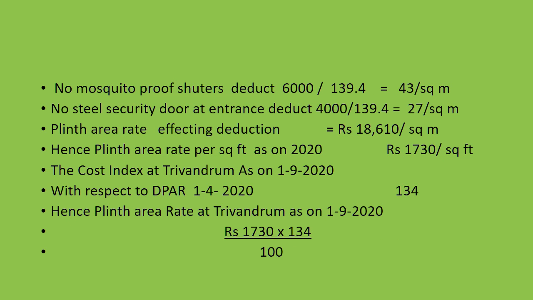No mosquito-proof shutters provided, so you deduct. No steel security door, so you deduct that. Plinth area rate after effecting deductions comes to rupees 18,610 per square meter, which is equal to rupees 1,730 per square foot. Now, to find out the plinth area rate at Trivandrum: rupees 1,730 into cost index at Trivandrum 134 divided by the cost index at Delhi as the base 100.